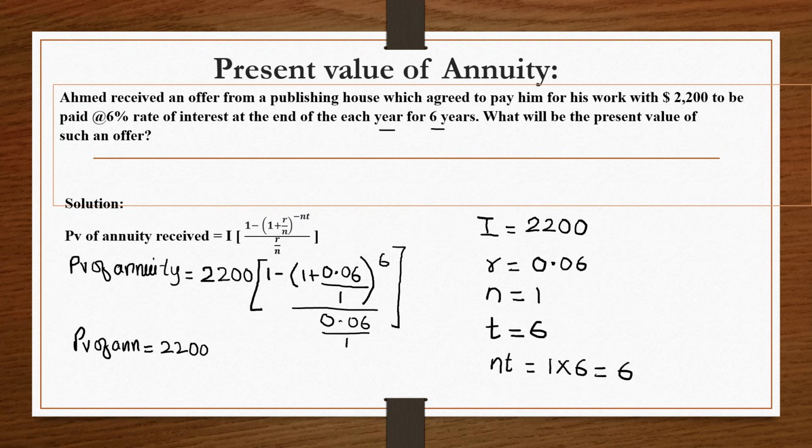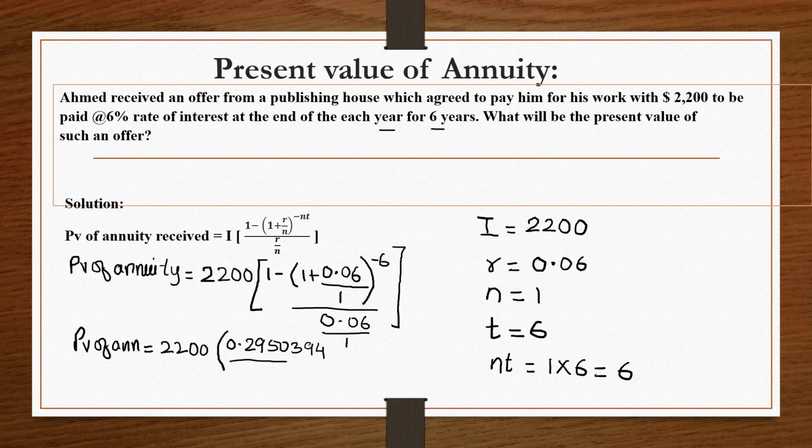Take your calculator and first calculate the top part: 1 minus, bracket, 1 plus 0.06, bracket close, take the power of minus 6, then press equal to. You will get 0.2950394.